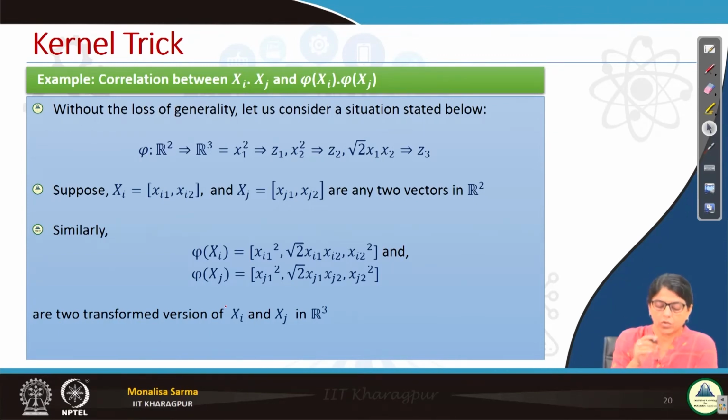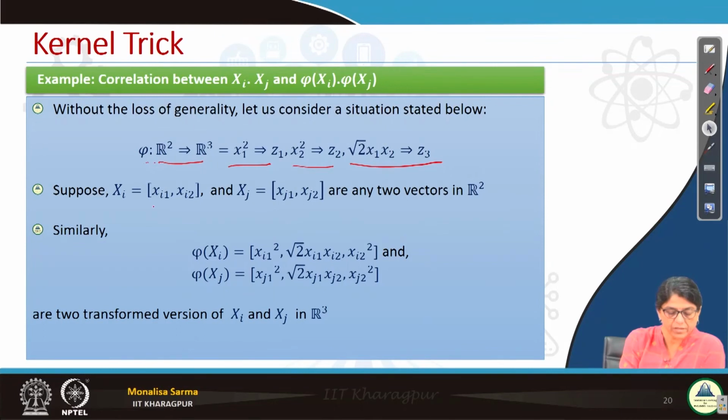Without loss of generality, let us consider a situation stated below. We will be using the same equation which we have used very recently. Suppose we have converted the input space from R2 into R3. So x1 equals z1, x2 squared equals z2, root 2 x1 x2 equals z3, the same example which we have used.